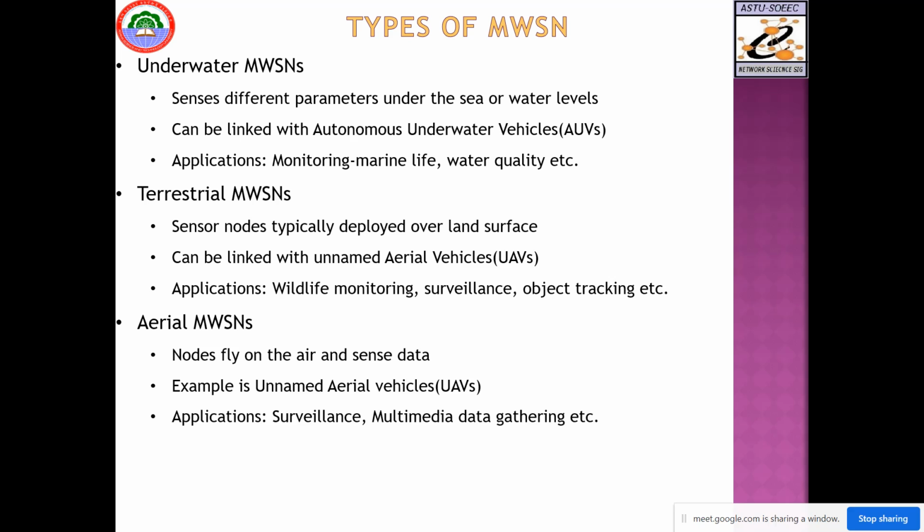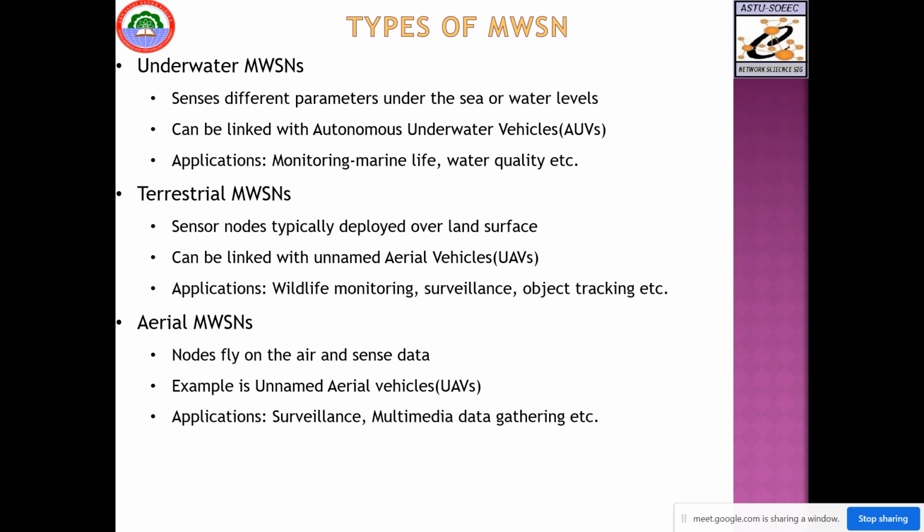Usually these networks have different applications, like monitoring marine life, or simply tracking the quality of the water of that particular part of the ocean where these nodes are deployed.